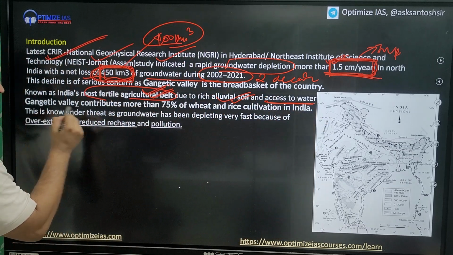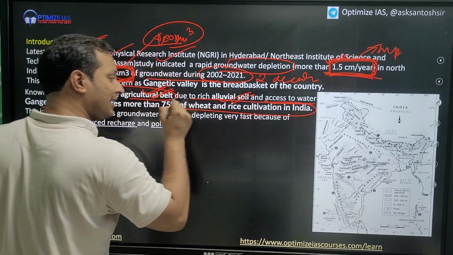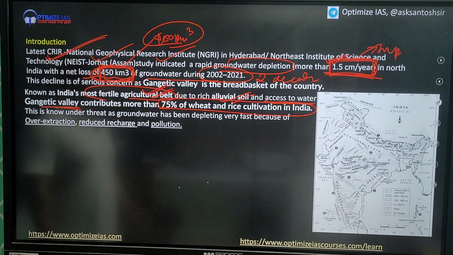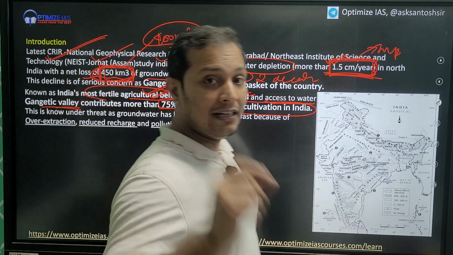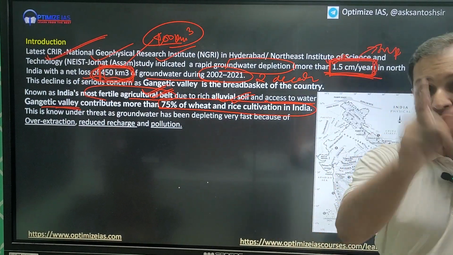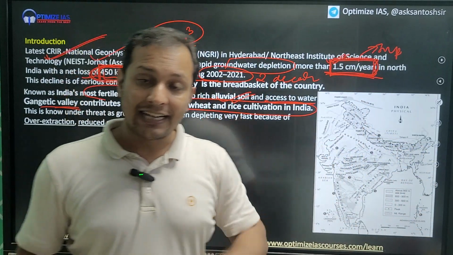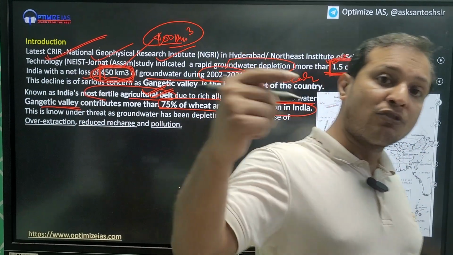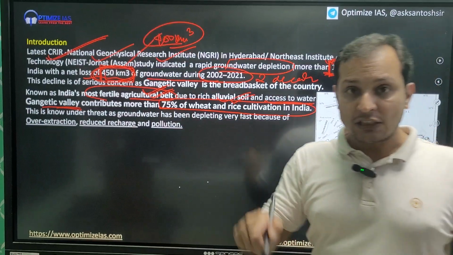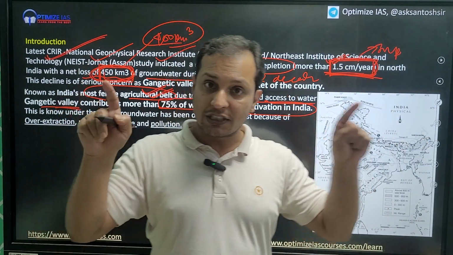The Gangetic Valley contributes 75% of wheat and rice cultivation in India. So you see how I have beautifully linked the Gangetic Valley to the food security of India, because the question is saying how the fall of groundwater in the Gangetic Valley will impact the food security of India.